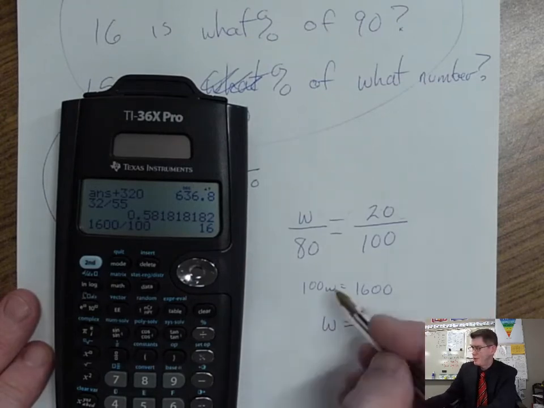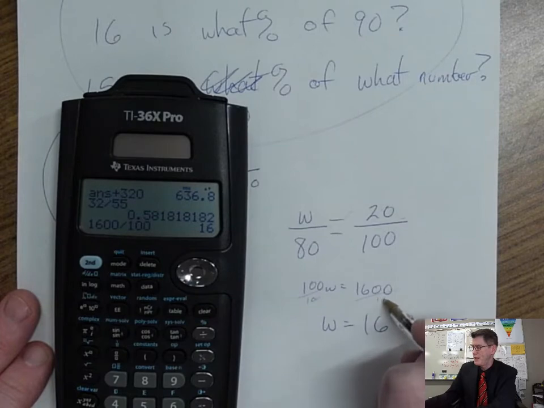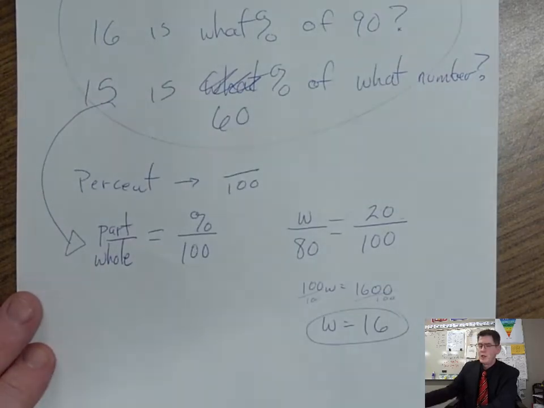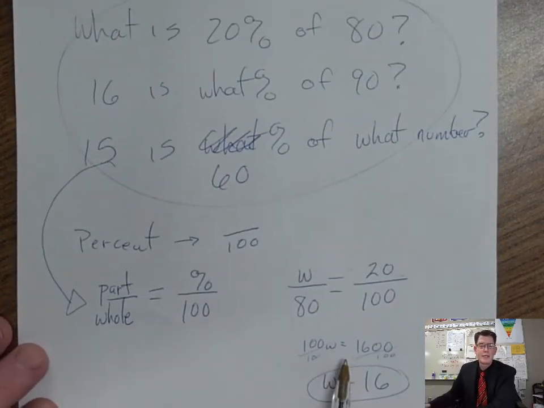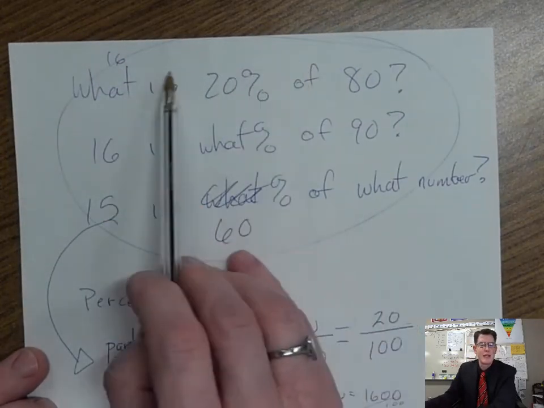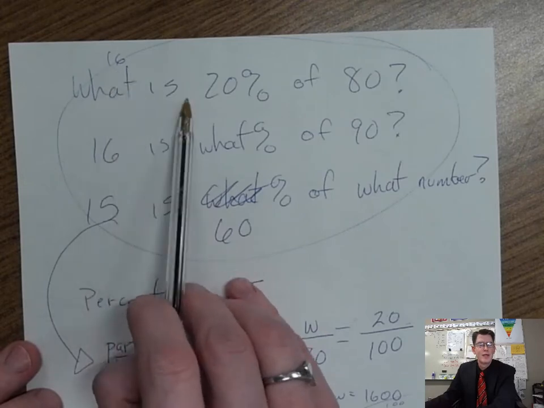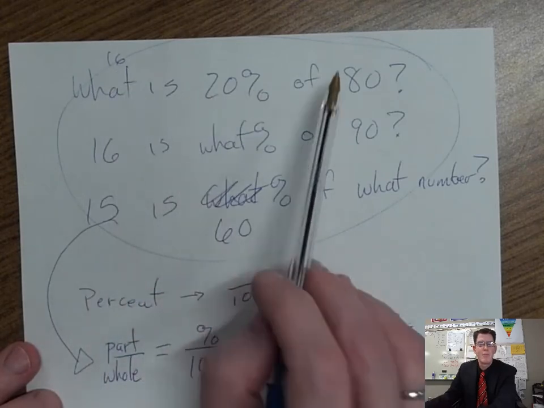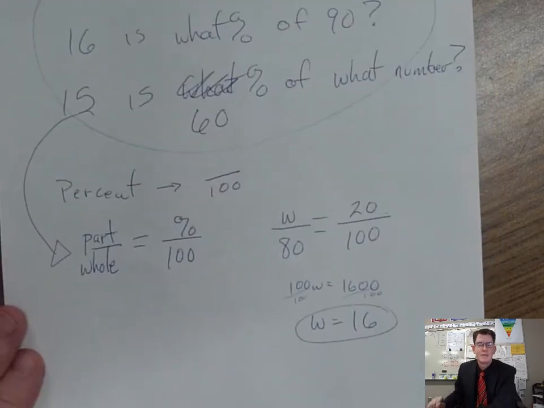W equals 16 when we've divided by 100. So what is 20% of 80? 16 is 20% of 80. And you can check your work. Does 16 seem to be a small part of 80? Yes, it does. We did our math correctly.